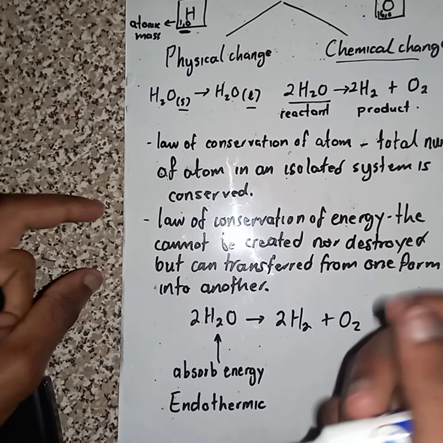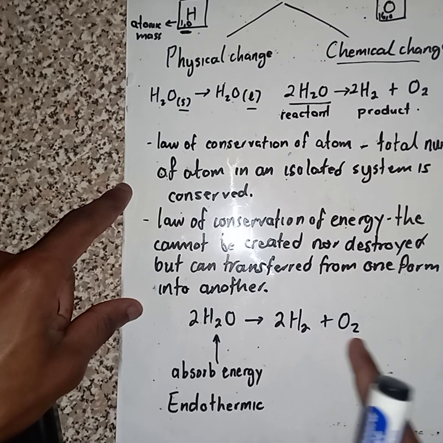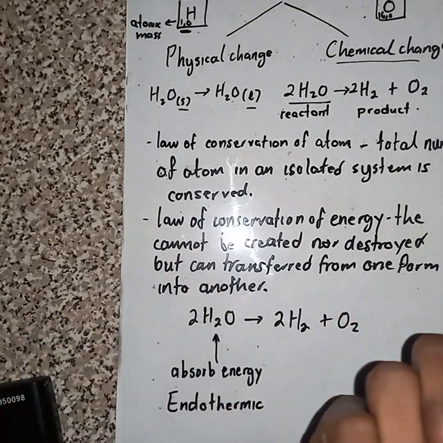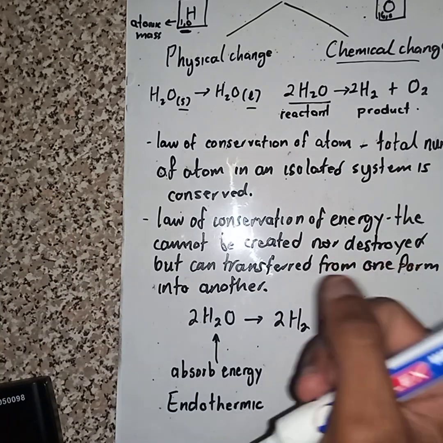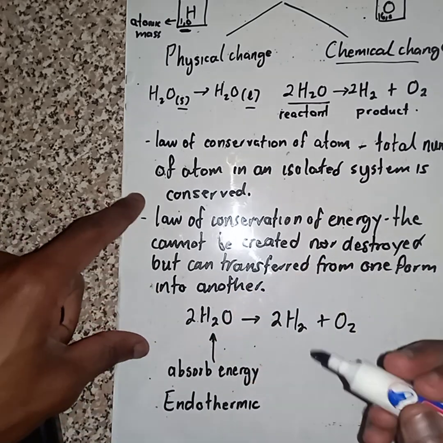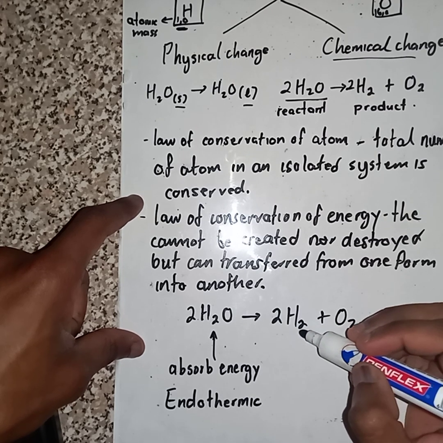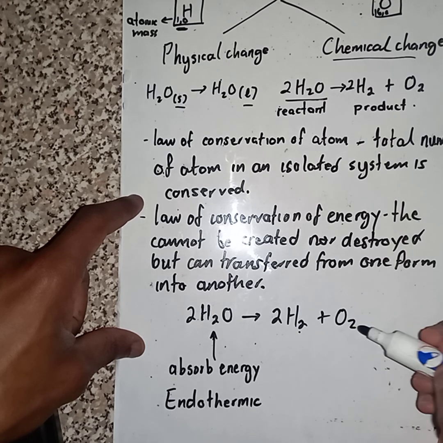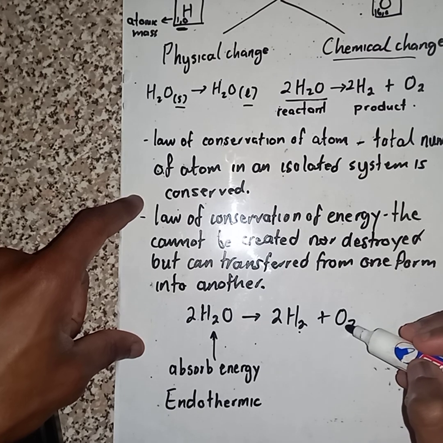In order to form this hydrogen as well as oxygen. Then that energy absorbed, we call it an endothermic. From the surrounding, it is absorbed so that it can break the bonds of water. Afterwards, we get a situation whereby we have hydrogen as well as oxygen.